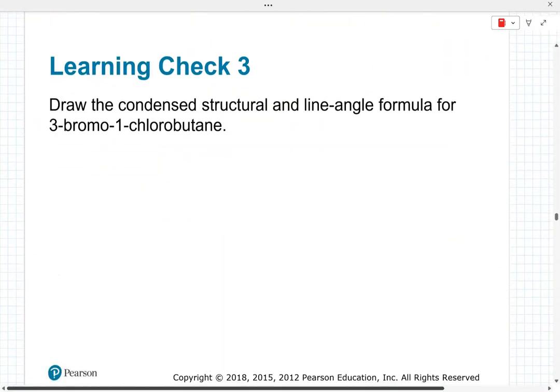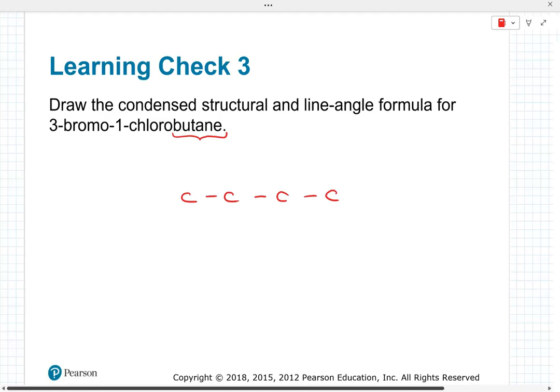So, condensed structural formula for this compound. Butane, how many carbons? 4. Okay?